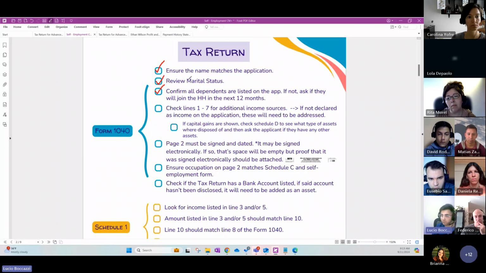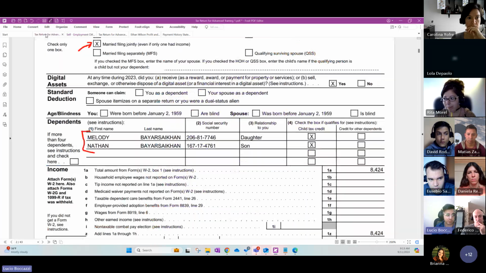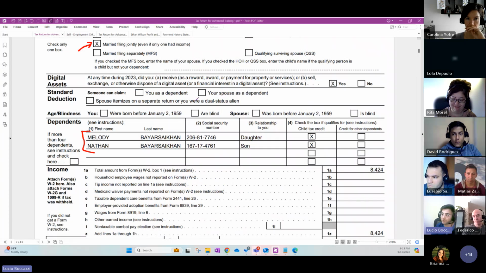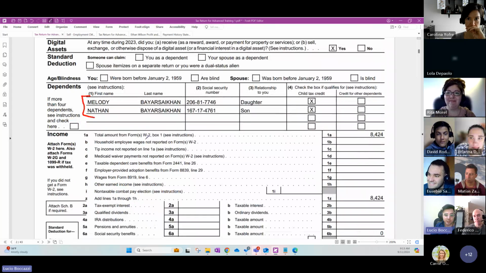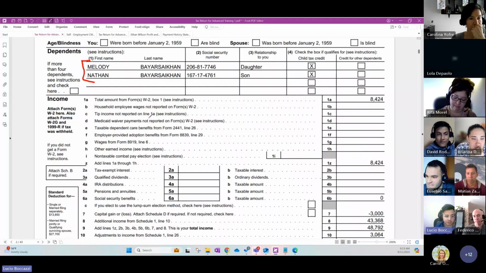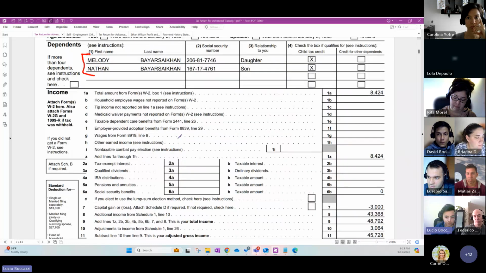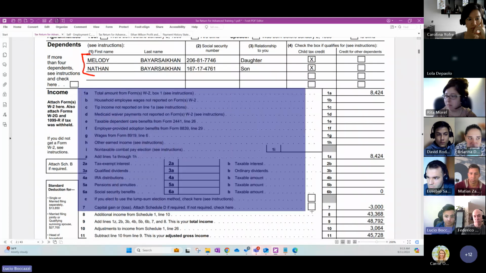So if you follow this step by step, you will be completely fine. And this is why Sophie and I drill into your brains the fact that you should use the cheat sheets. So let's grab from line 1 through 7 so we can see if there are any additional sources of income. So I'll grab 1 through 7.